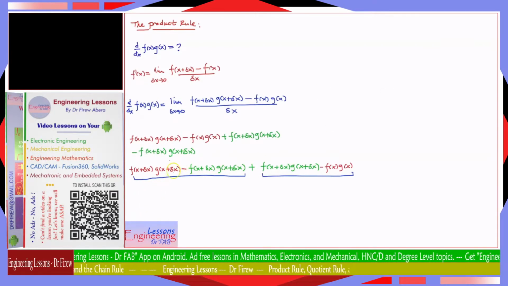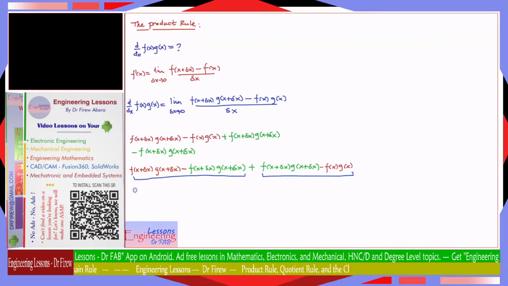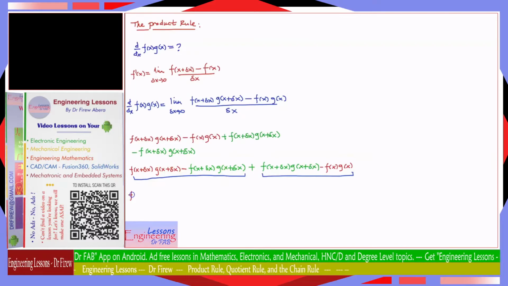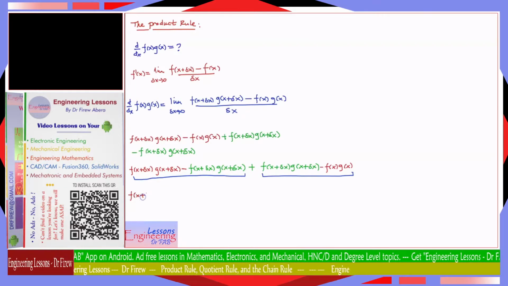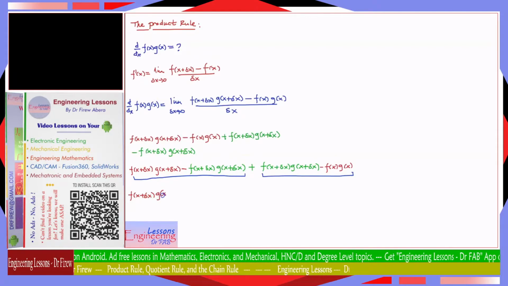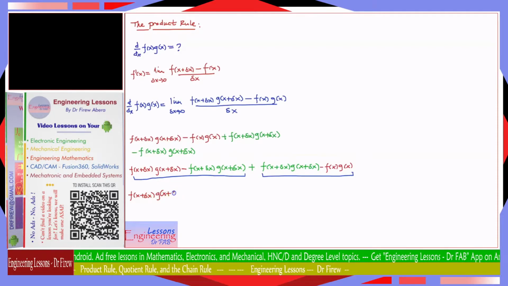Let's rewrite with that assumption: f of x plus sigma x times g of x plus sigma x, minus.